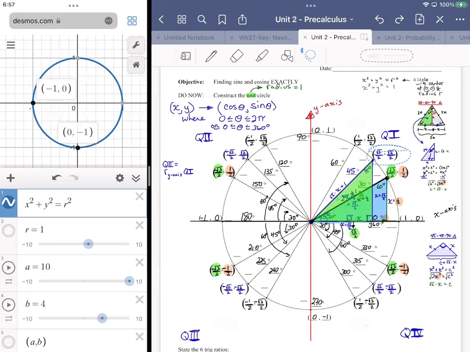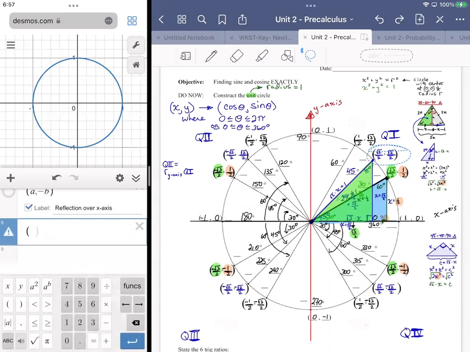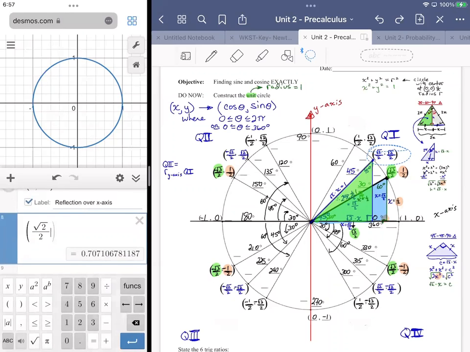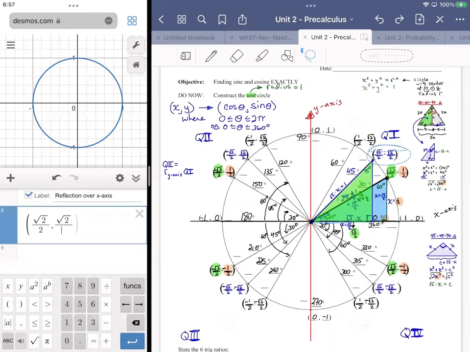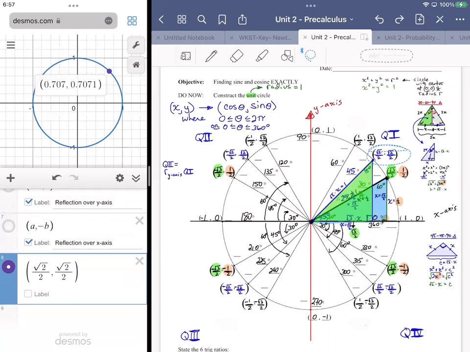That's radical 2 over 2, comma radical 2 over 2, a nice clean representation of that point, which Desmos is rounding to a disgusting 0.707 blah blah blah.